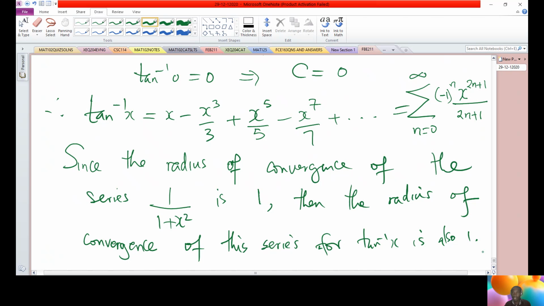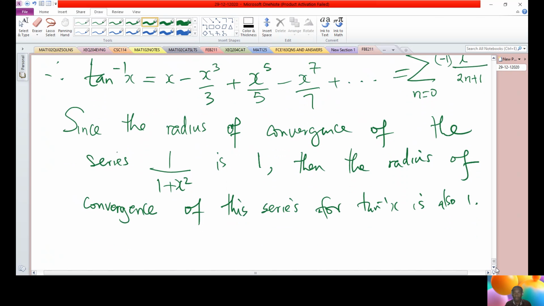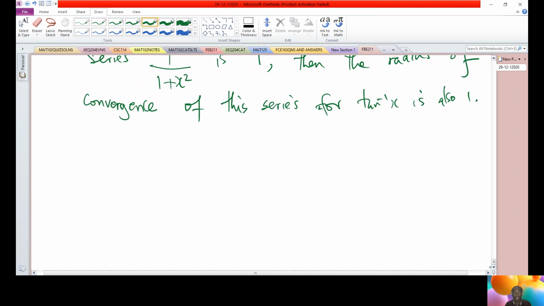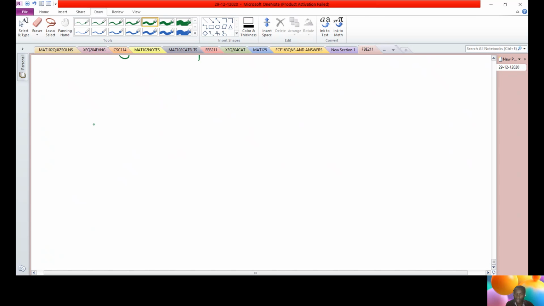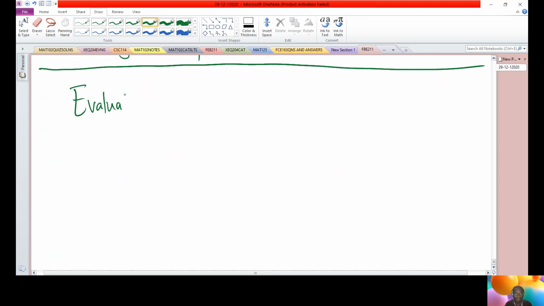Then lastly, last example on representation of functions as power series. Evaluate the integral of 1 over 1 plus x power 7 dx as a power series.